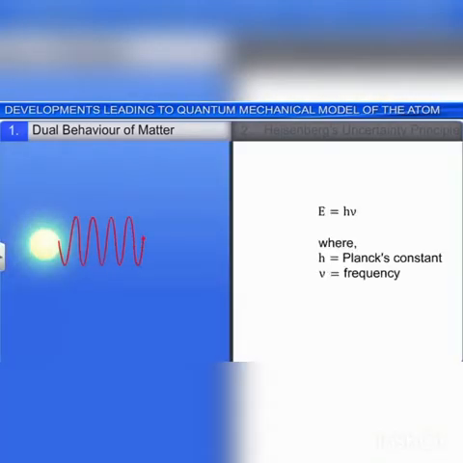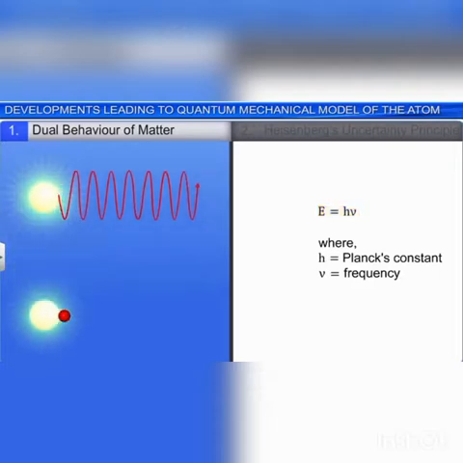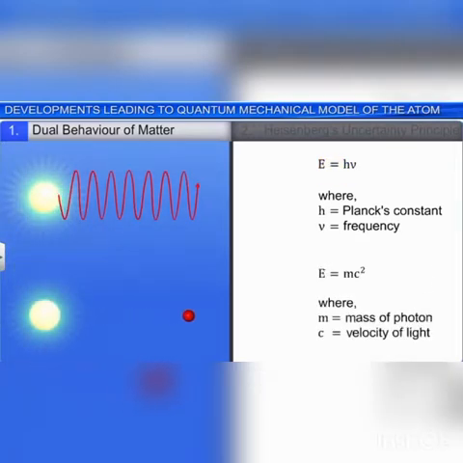A photon displaying wave character has energy equal to h multiplied by nu. A photon having a particle character has energy equal to m multiplied by c raised to the power 2.